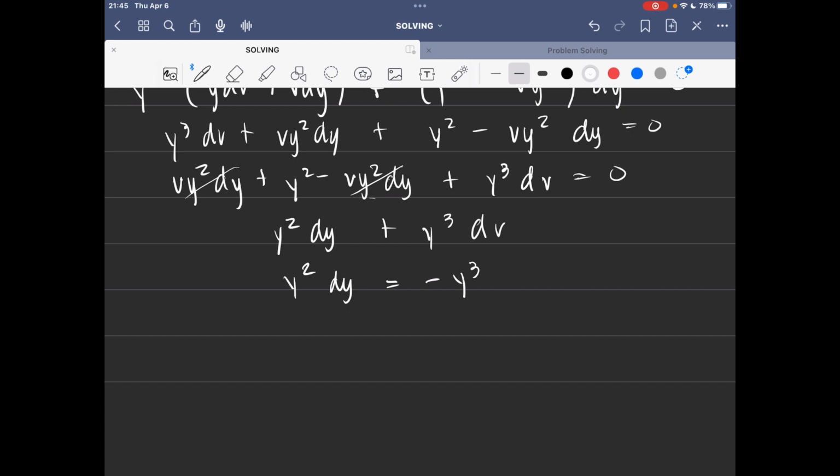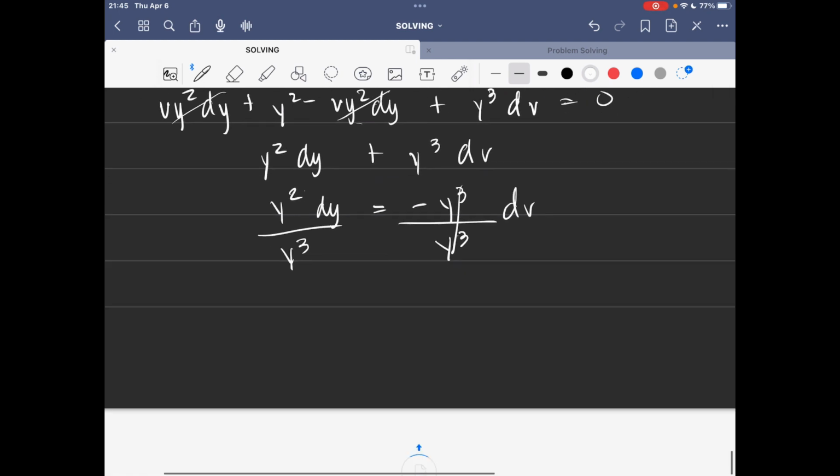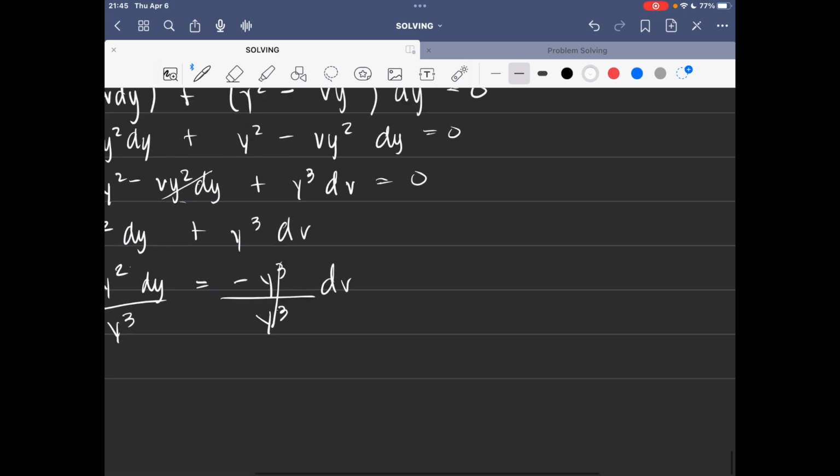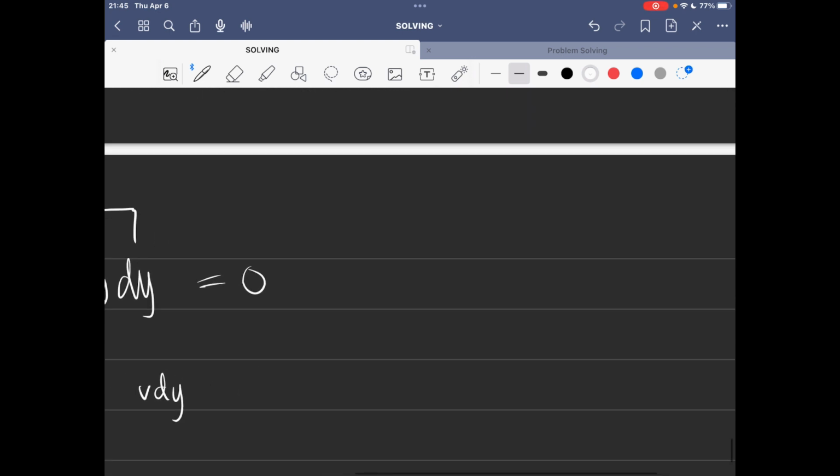Then we are going to separate the variables of y squared dy and negative y cubed dv. So we are going to divide both of them by y cubed. This is dv, so cancel. Then 3 minus 2 is 1, so we are left with y dy is equal to negative dv.